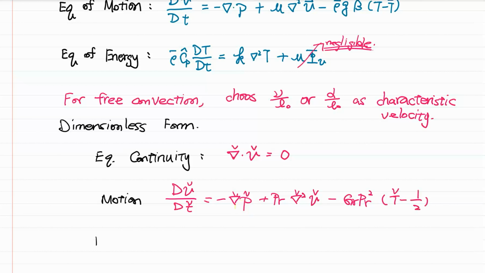And then you have the equation of energy, saying that the substantial derivative of the dimensionless temperature equals the dimensionless Laplacian of the dimensionless temperature.